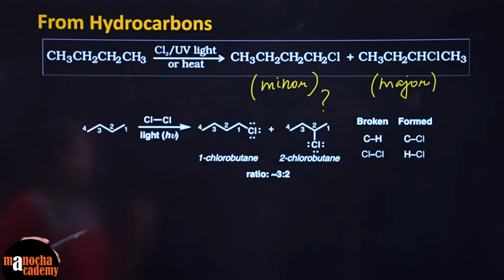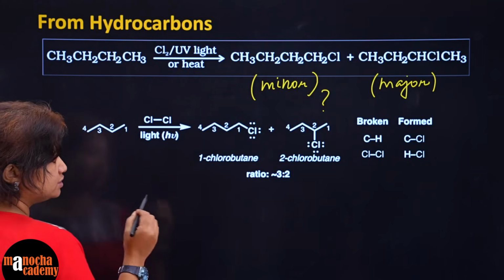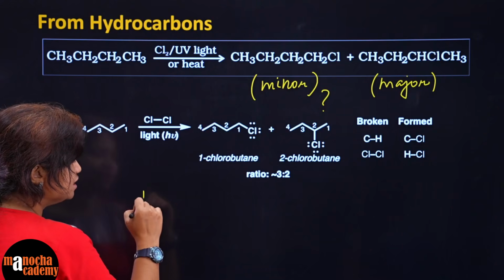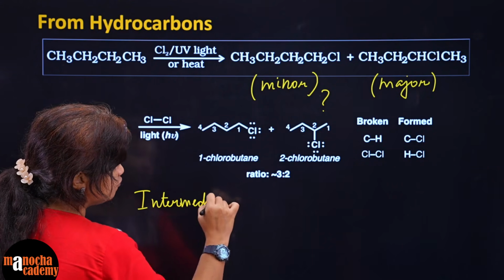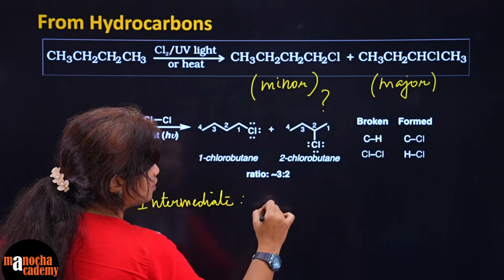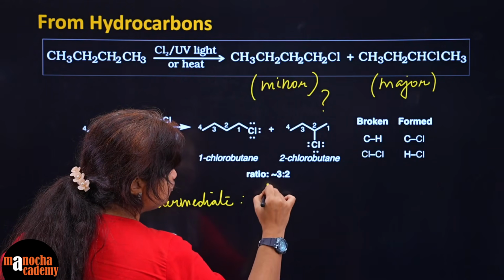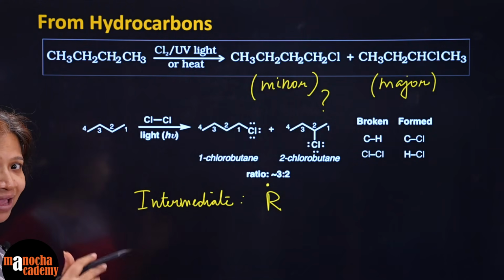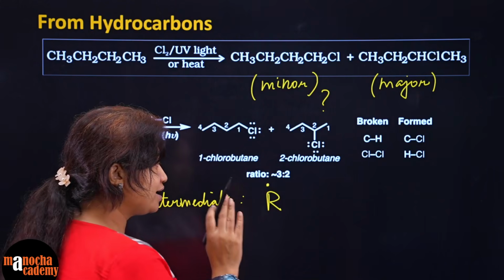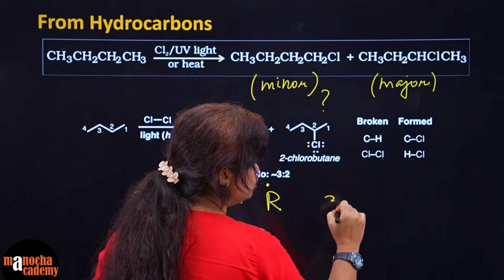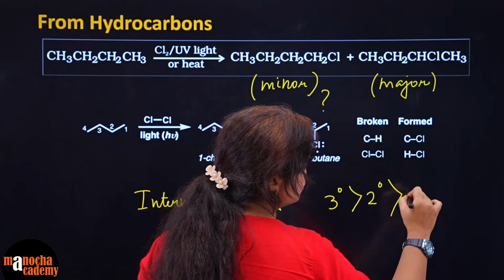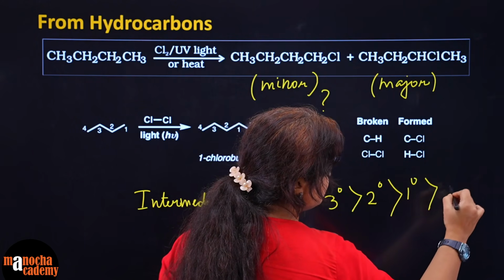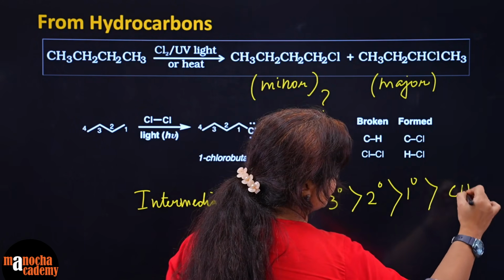For that, you have to remember from the previous mechanism, the intermediate of the reaction is a free radical, an alkyl free radical. And again, a class 11 concept, for alkyl free radicals we know that 3 degree is more stable than 2 degree, 2 degree more stable than 1 degree, 1 degree more stable than methyl free radical.